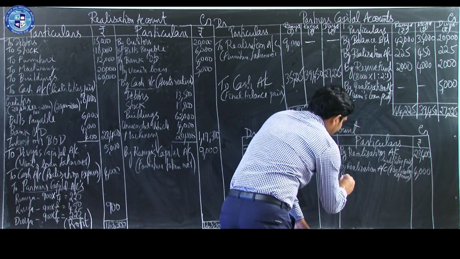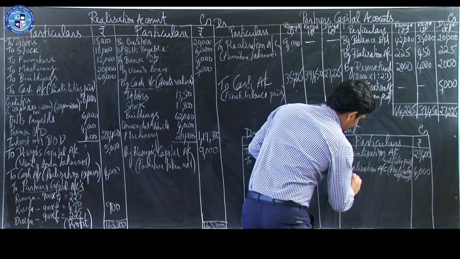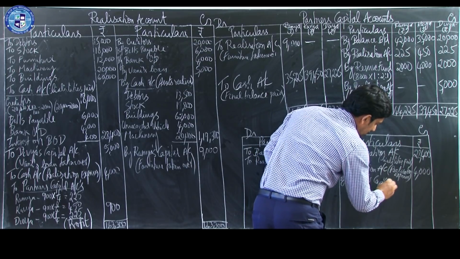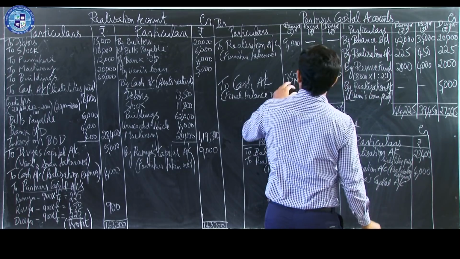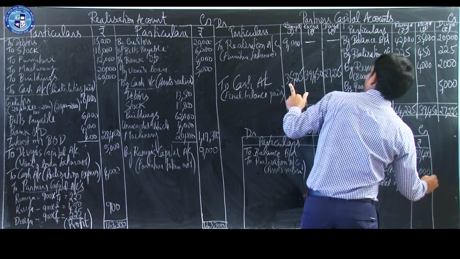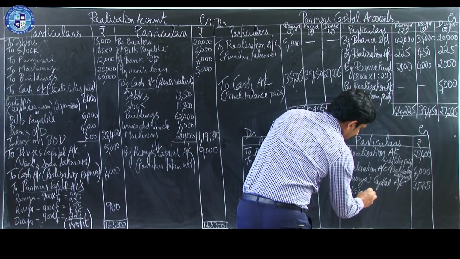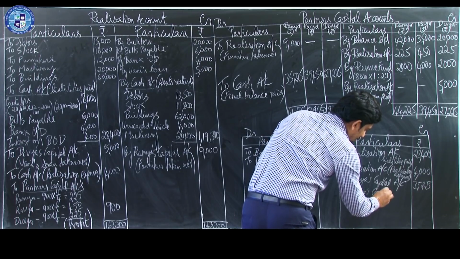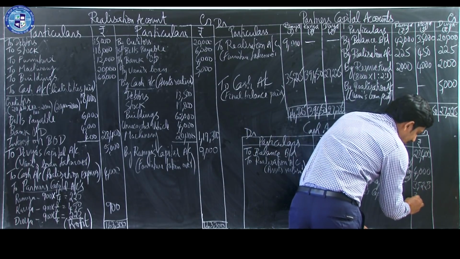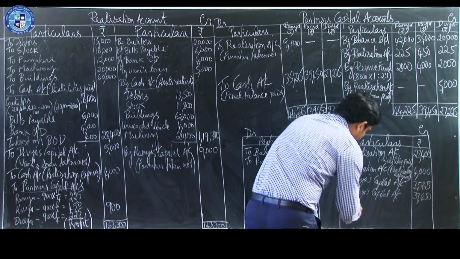First partner, Ramya: by Ramya's capital account 35,225. Next, by Kavya's capital account 39,450. Last, by Divya's capital account.